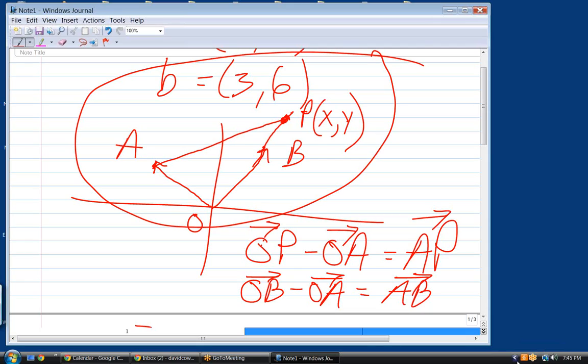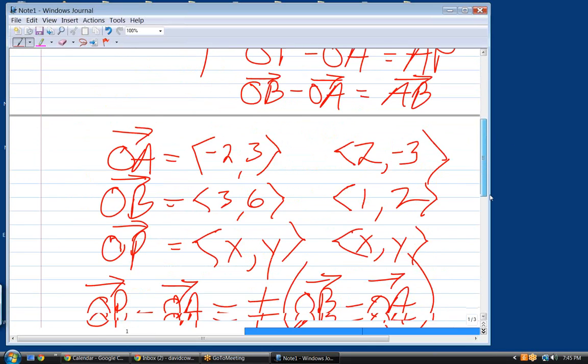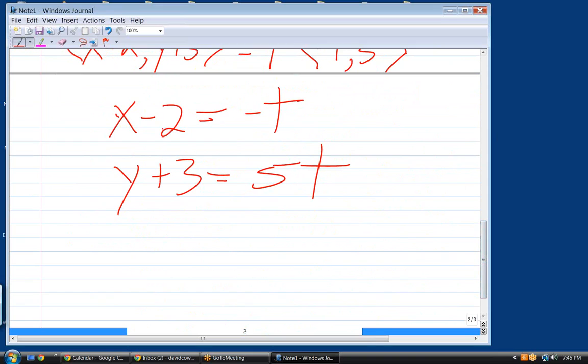Yeah, it's not that confusing. Do we need to get x and y by themselves? Oh, yeah, that's not the final answer. Well, I mean, it is. You could say that that's a parametric equation. It's just not x equals.